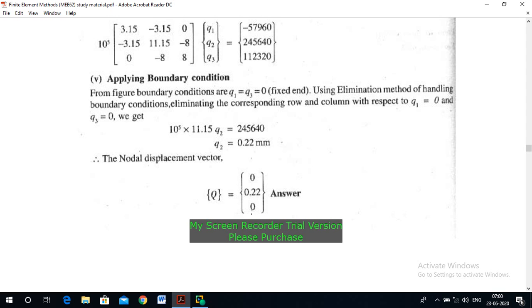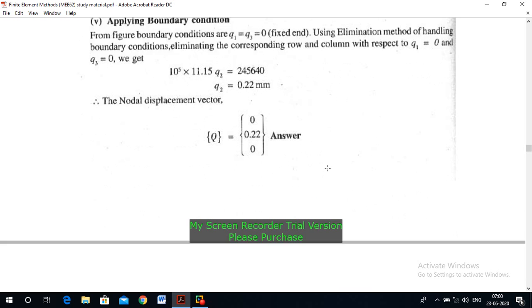Q1 and Q3 are fixed, because of that reason Q1 and Q3 equal to 0. Q2 we already calculated from the equilibrium equation.